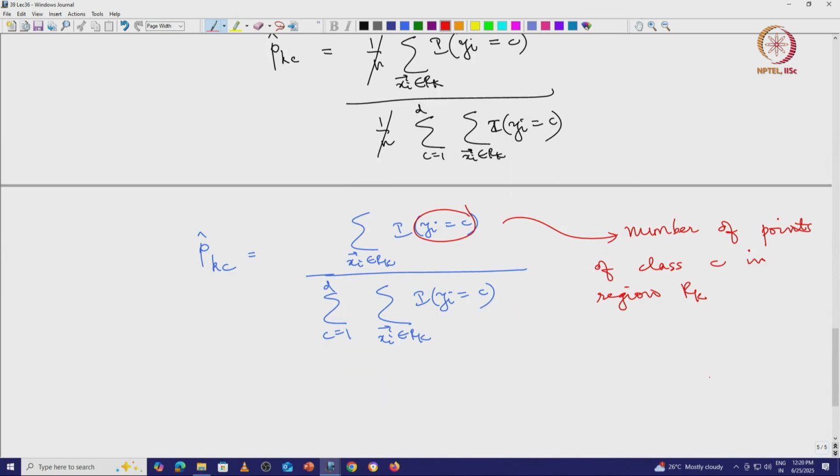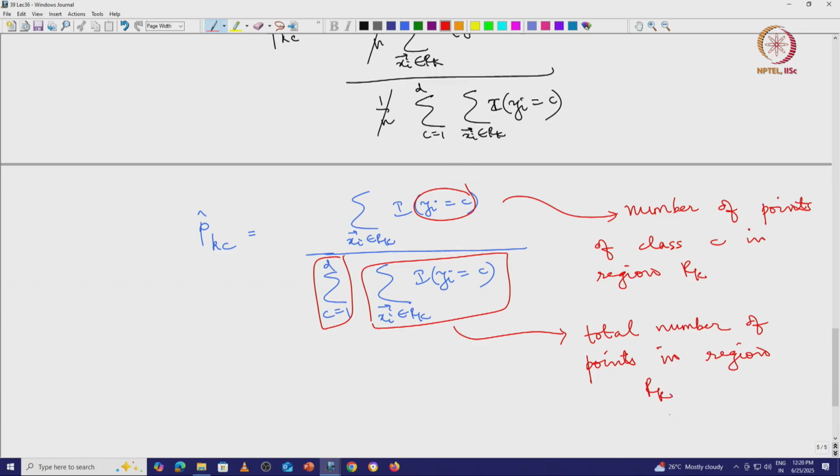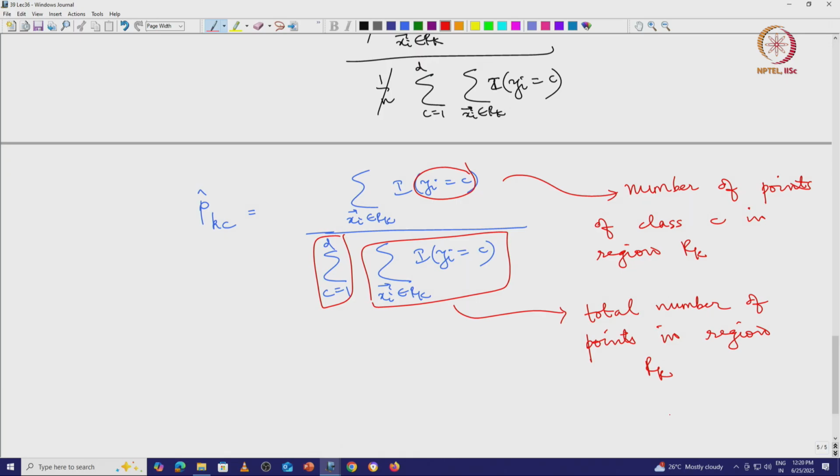Okay. So that is this term, and then if you sum over all the possible classes, what do you get? That is simply the total number of points in region Rk, because you have summed over all the classes. So what do you get now?